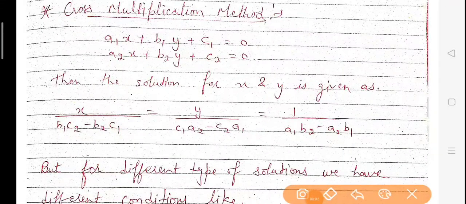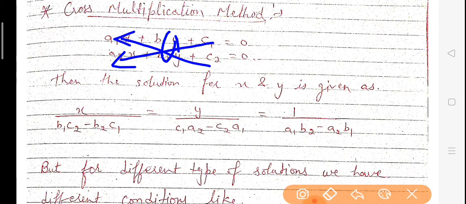For the solution of y, what can we do? We will multiply this one, c1 a2 minus c2 a1.